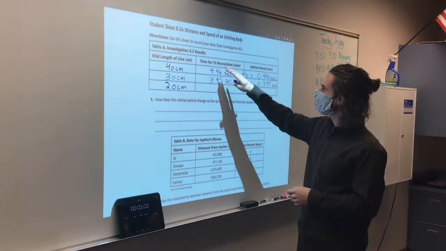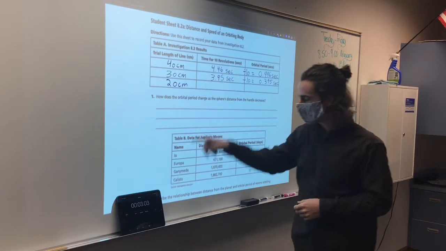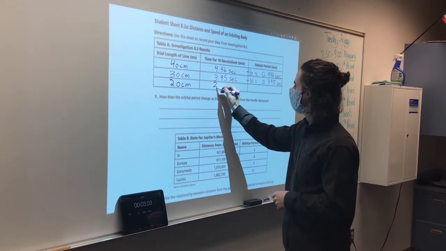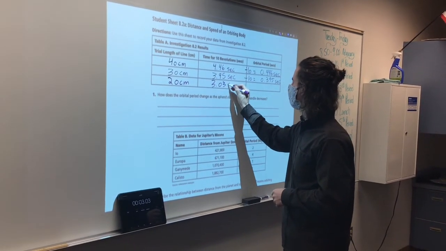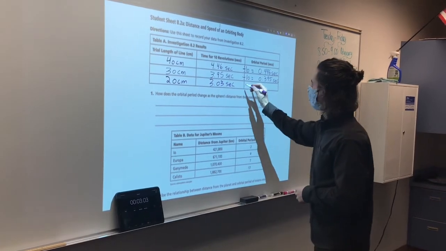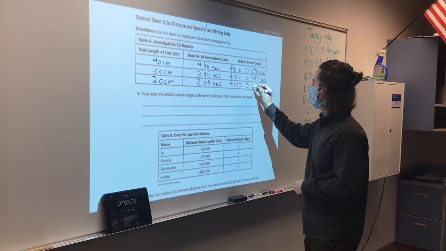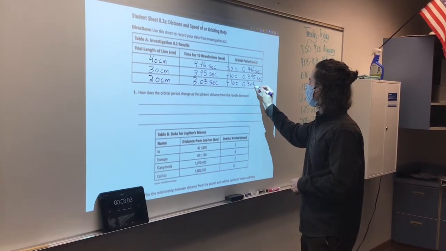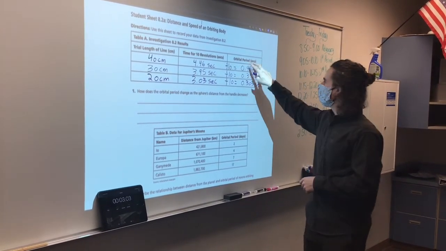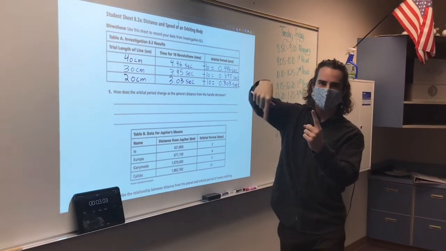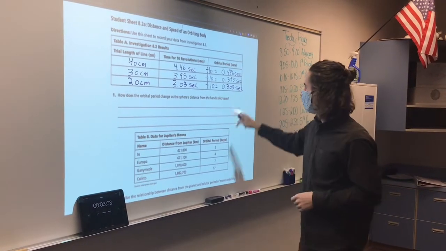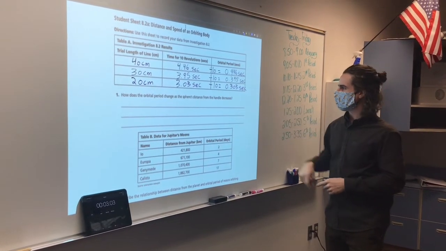And the time it took to make 10 revolutions was 3.03 seconds. Divide that by 10, we get an answer of 0.303 seconds. So the length of time for the moon to orbit around once was 0.303 seconds.